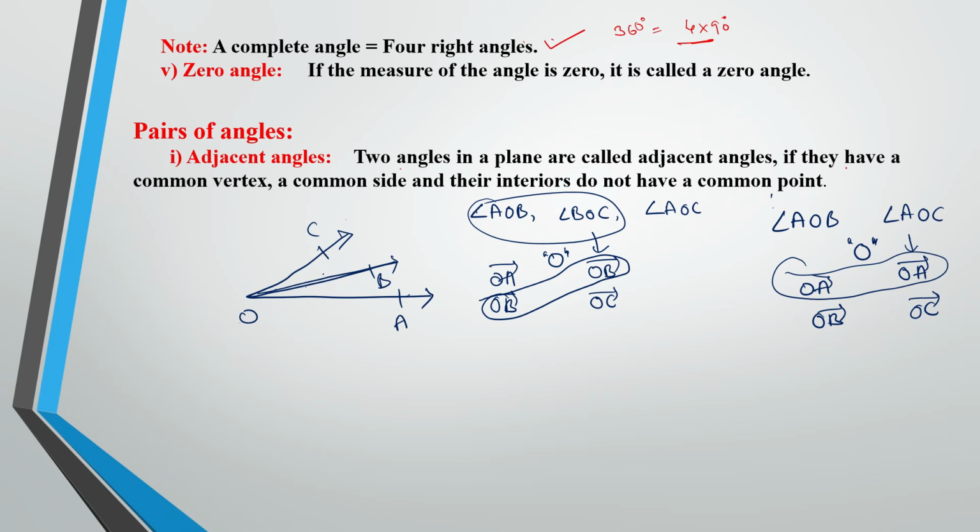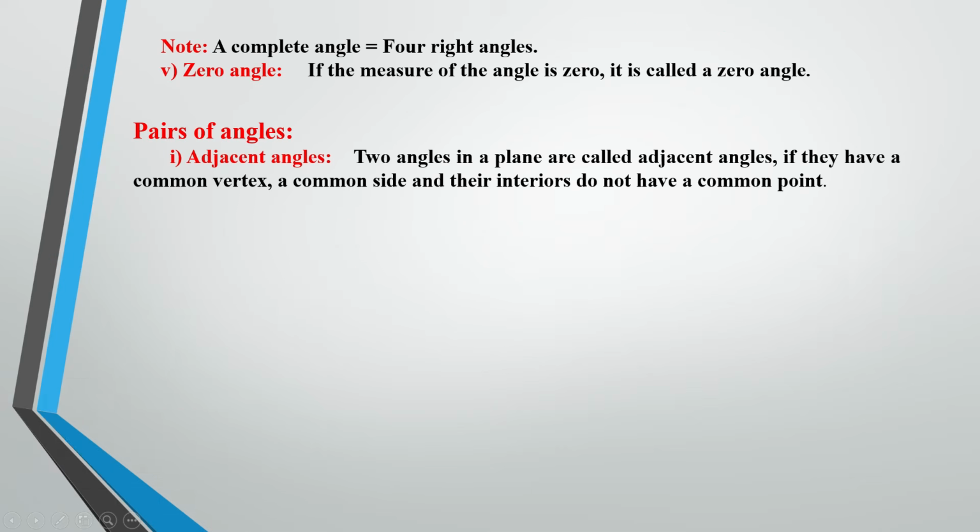But the non-common arms OB and OC, with respect to OA, are on the same side of the common arm. So these two are not adjacent angles. Adjacent angles should have a common vertex and common arm, and the non-common arms should be on either side of the common arm. Then only we say them as adjacent angles.